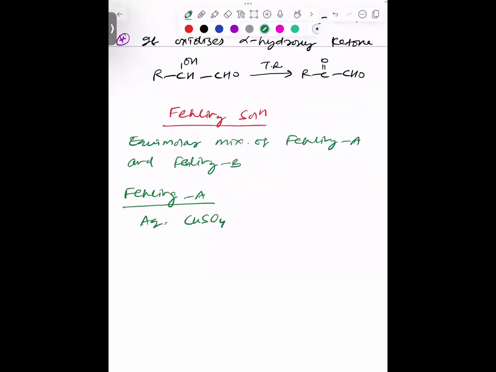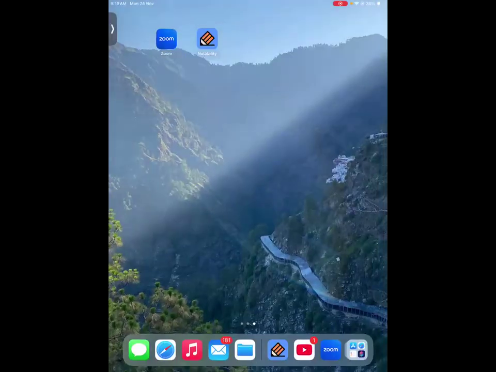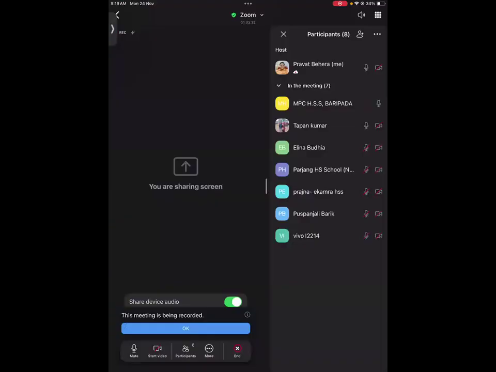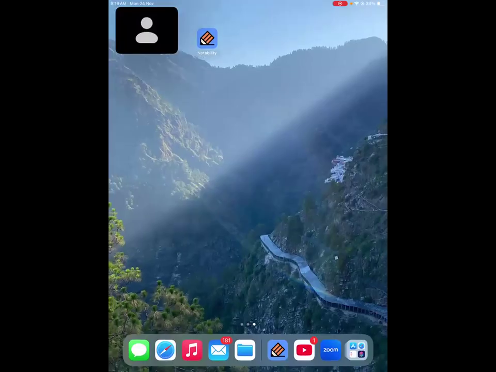Okay, aqueous copper sulfate, which we generally know as blue colored, CuSO4.5H2O. Then Fehling B. What is Fehling B? Students, please mute yourselves, all of you.